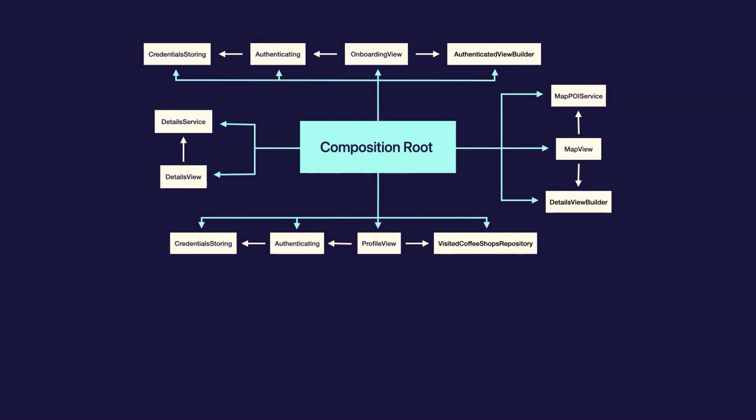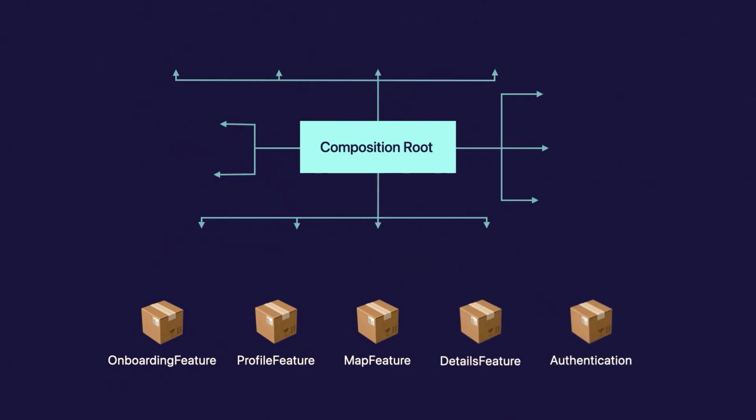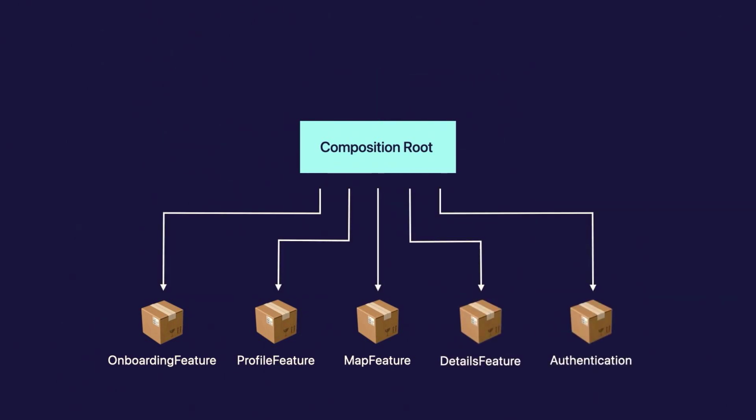All right, remember, just a second ago, we threw everything into separate Swift packages. And we saw that using one visualization. I'll just show how it looks when we have this visualization. So I'll throw all of these components into the same Swift packages, and then let's see what happens. So we introduce our onboarding feature, profile feature, map feature, details feature, and authentication. And all that remains is now our composition root in this graph.